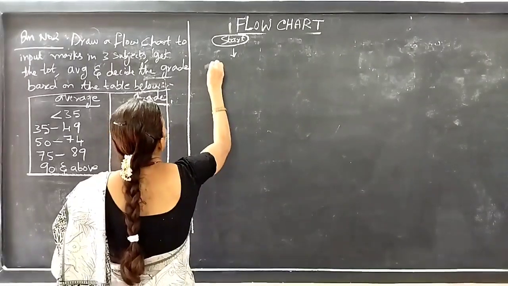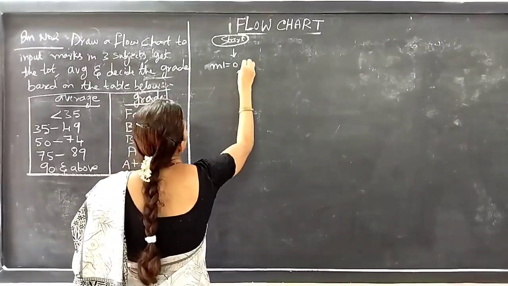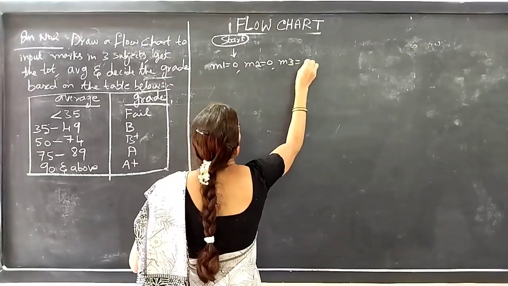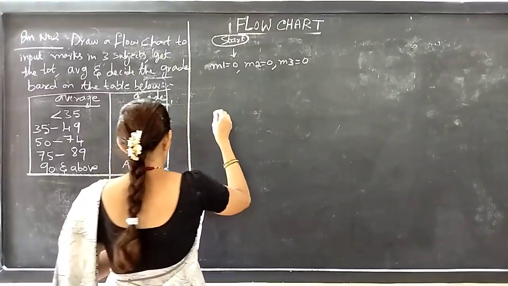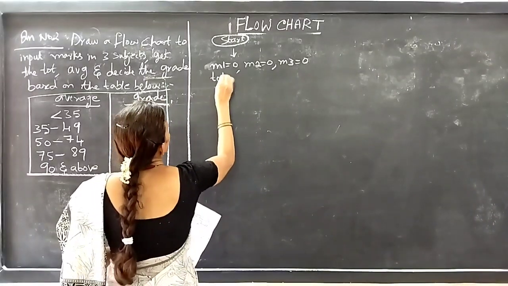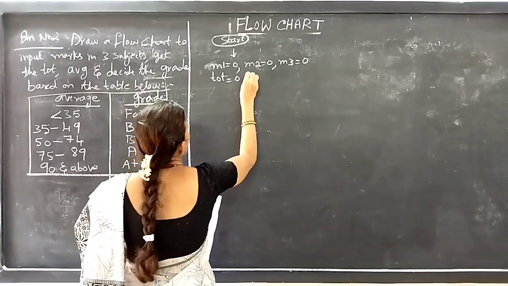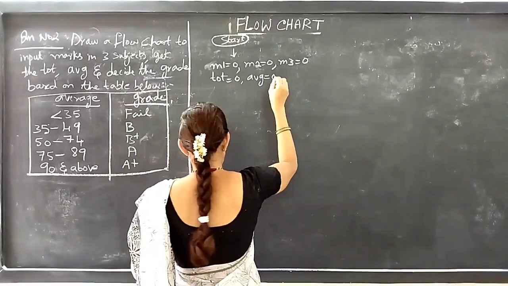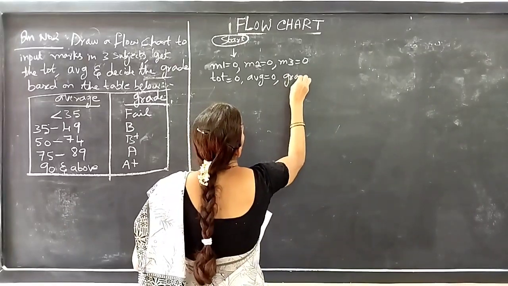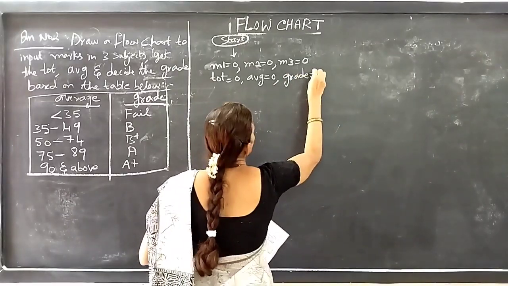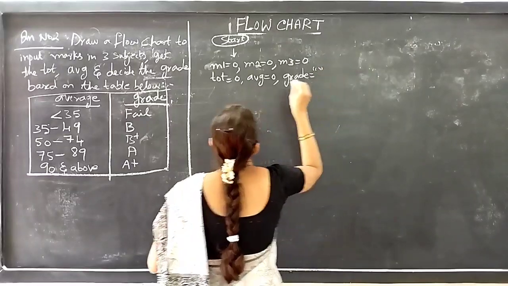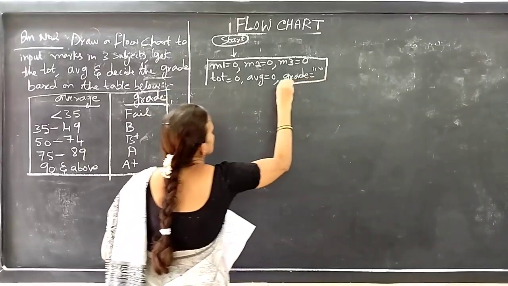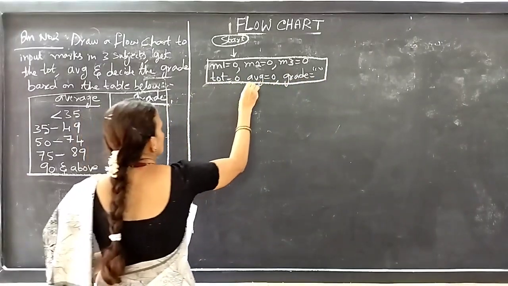So M1 is equal to 0, M2 is equal to 0, M3 is equal to 0, total is equal to 0, average is equal to 0. Then grade is equal to, in the form of text, so there should be double quotes opened and closed.